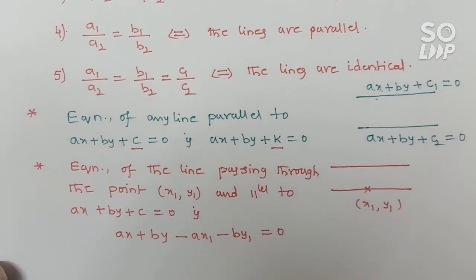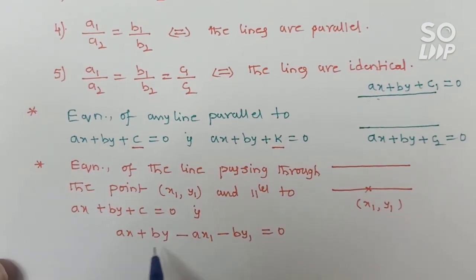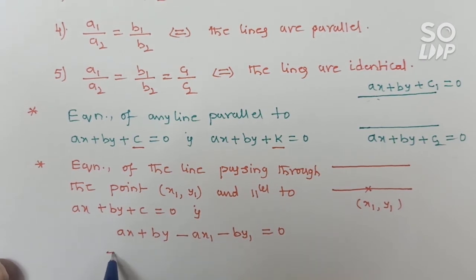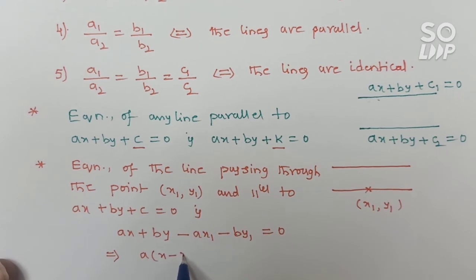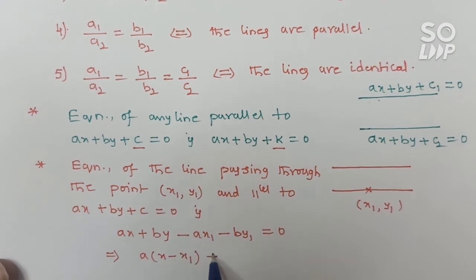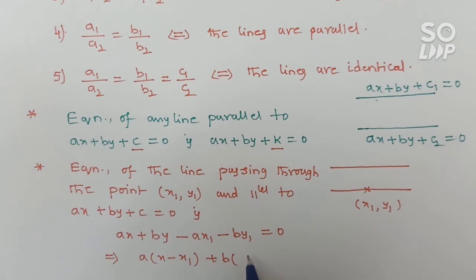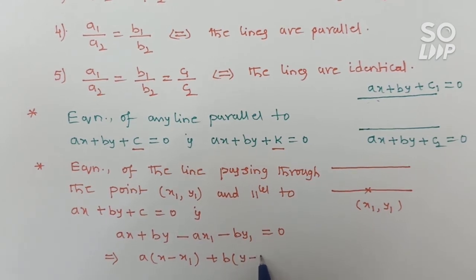Now take a common and b common. That implies a into (x minus x1) plus b into (y minus y1) is equal to 0.